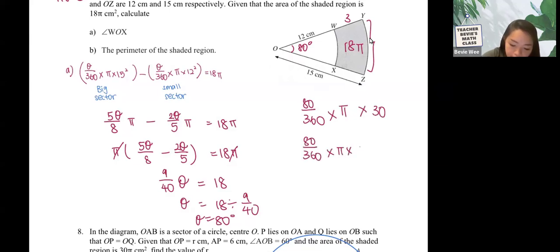This time round, my d is 24. Other than adding these two arc lengths, what else do I need to add? The two sides, correct or not? How much is the side? 3, 3, correct? Don't forget to add back your 3 and 3. Okay? Round it off to 3 SF for me, your final answer. All right?